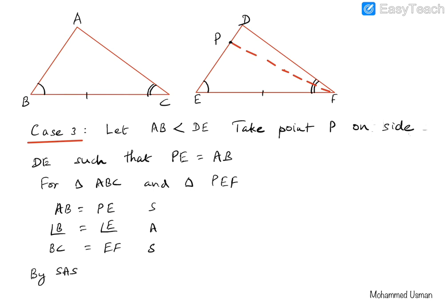By SAS, triangle ABC is congruent to triangle PEF. So these two triangles are congruent. So ABC is congruent to PEF. This triangle which we have constructed with this dotted line, these are congruent.